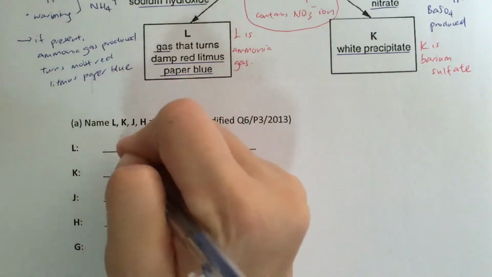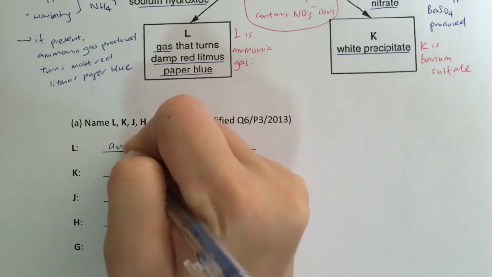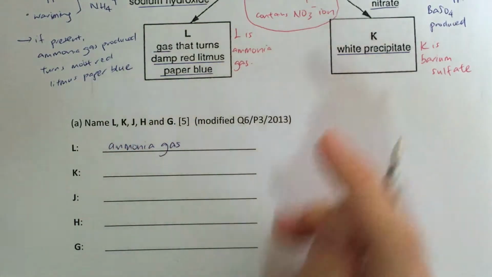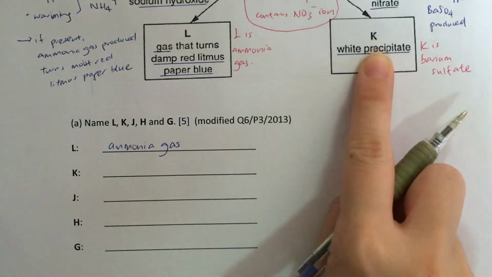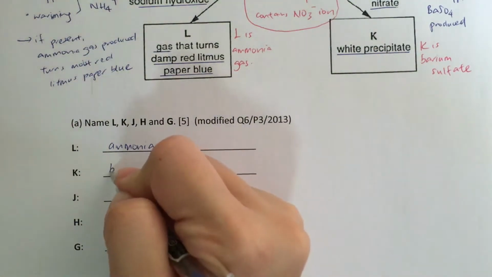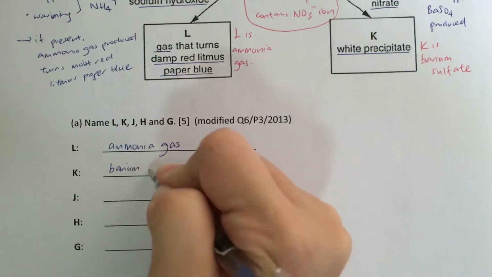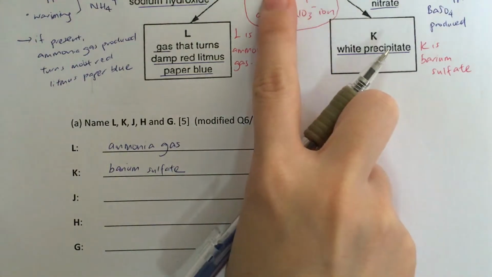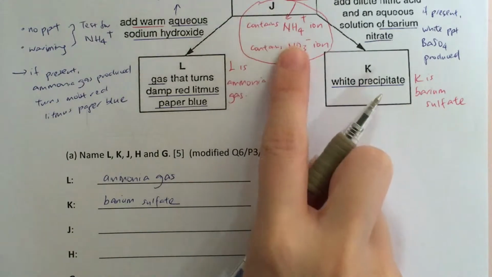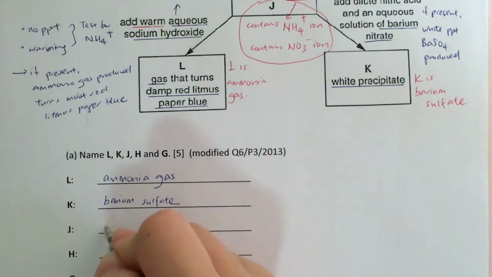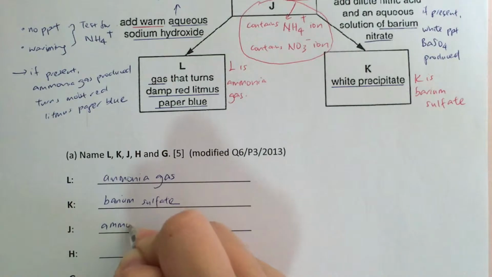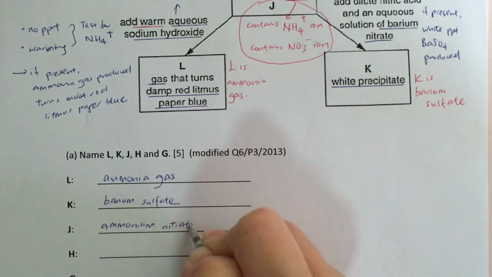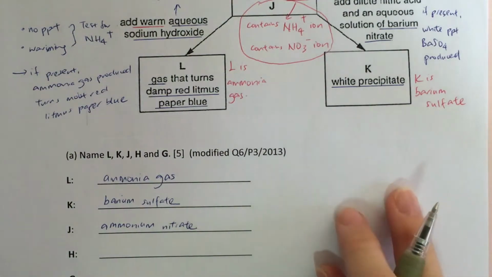So first we fill up, L is ammonia gas. This is correct. Next, K is barium sulfate. This is also correct because the sulfate ion is present. J is supposed to be ammonium sulfate.